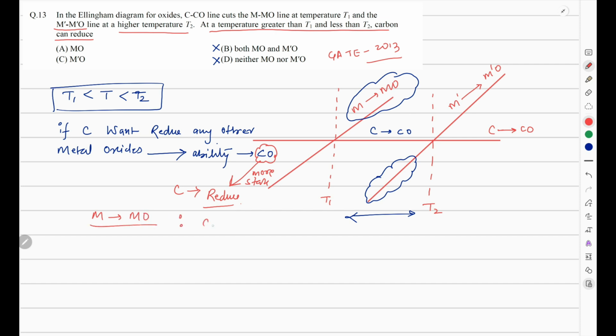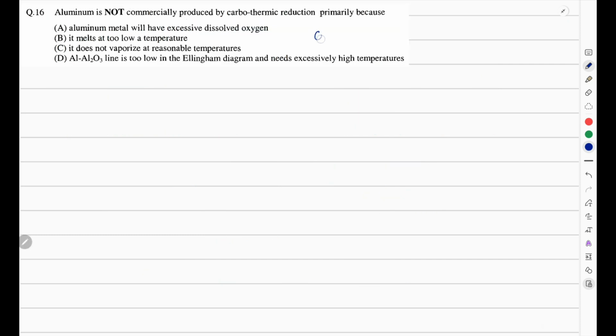So carbon can reduce MO, but M dash O cannot be reduced by carbon because M dash O is more stable than carbon monoxide. So option E is correct here, where carbon can reduce only MO. Moving to the next question.